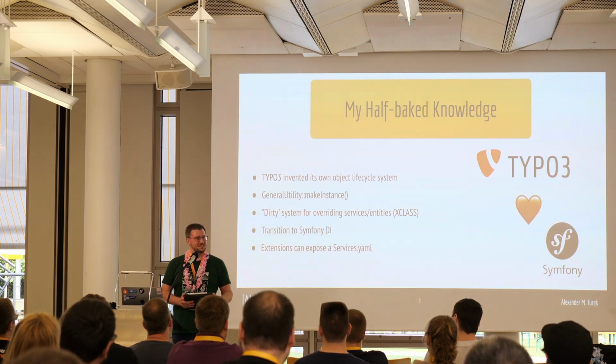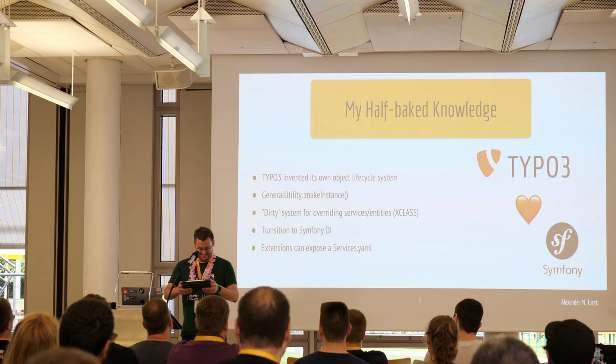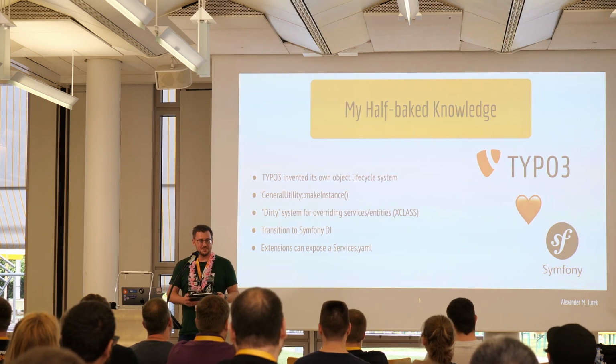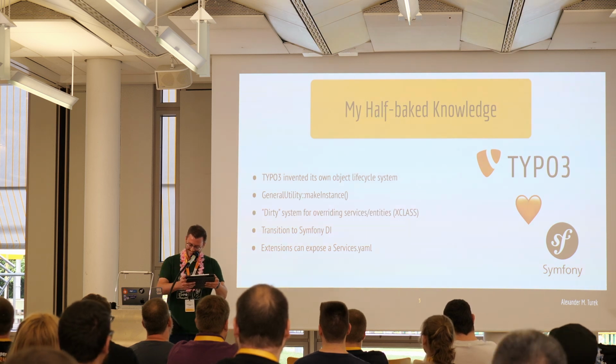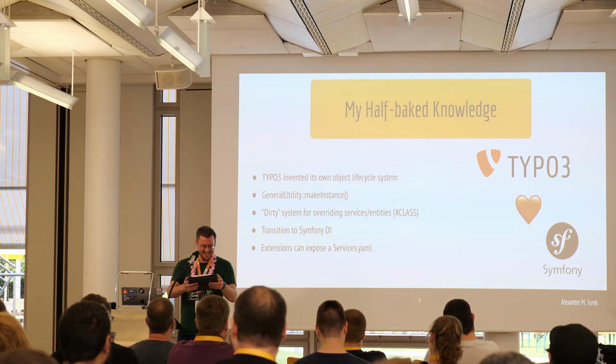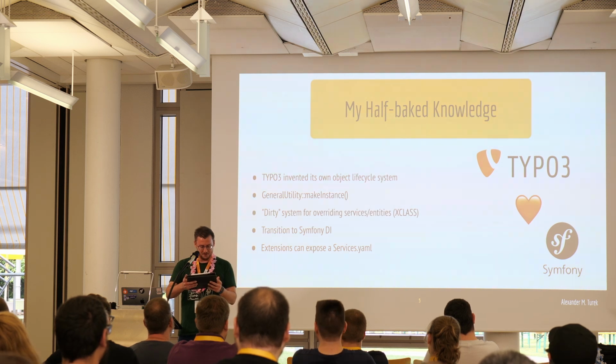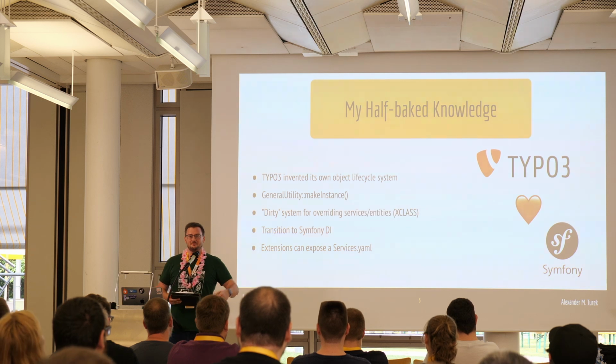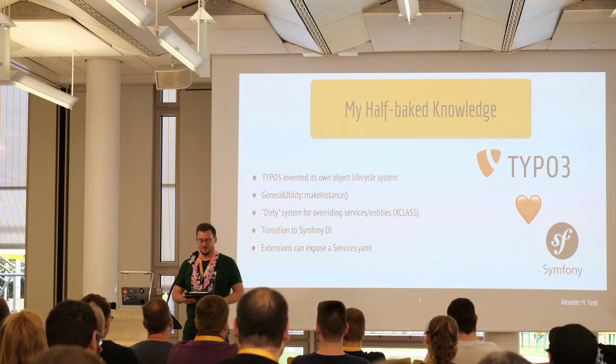General utility make instance to create objects. Interesting, okay. And it used to have, I need to read this up because I've never heard of that, a somewhat dirty system of overriding services or entities called X-class. And for some reason, people want to get rid of that.